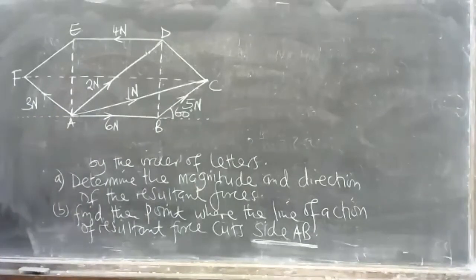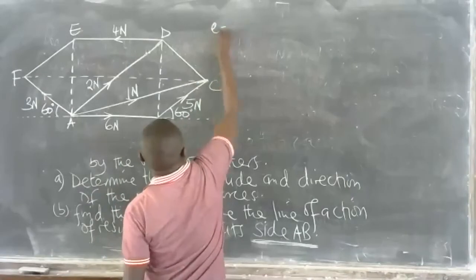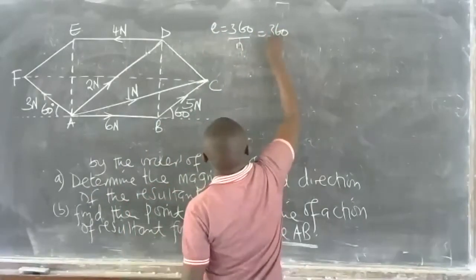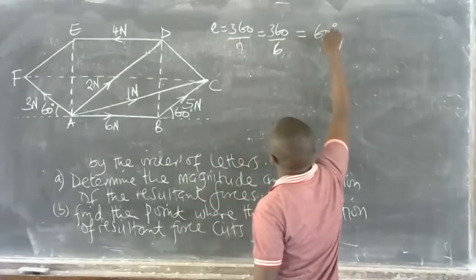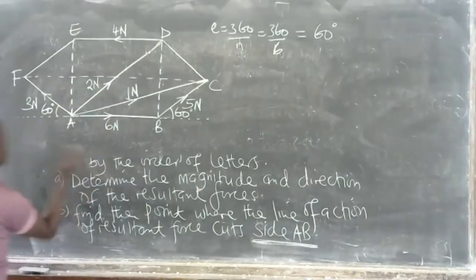I add a dotted line, but using a ruler. The exterior angle of a hexagon is 360 over the number of sides. 360 over 6, there are 6 sides, so each is 60. So the interior angle is 120.